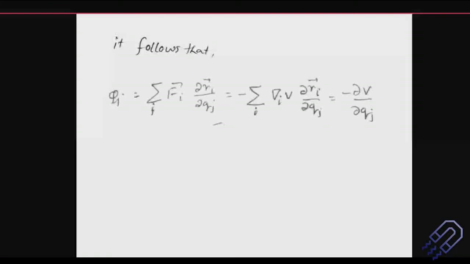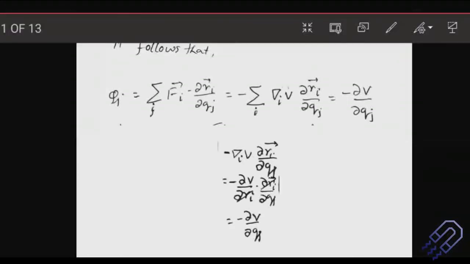So why does this happen? Why do we get minus delta V by delta qj? Because of this term, minus del i V. You know this gradient from your mathematical physics: del is equal to i delta x plus j delta y plus k delta z, and so on. Those concepts are still valid here.